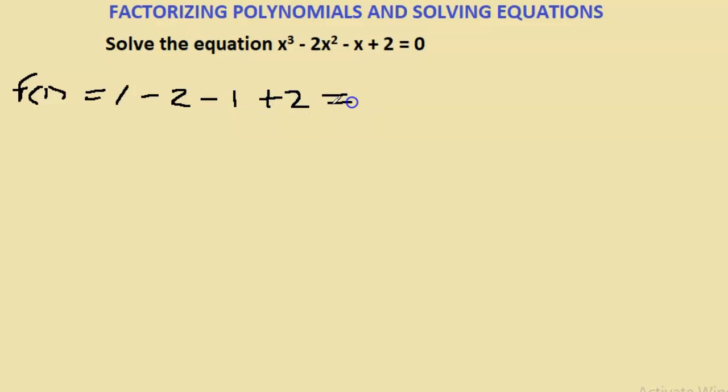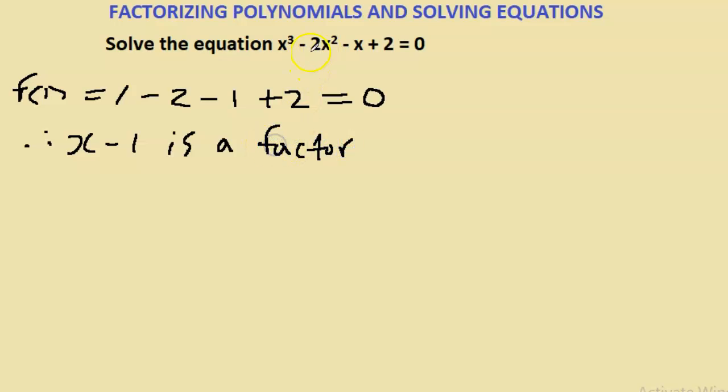What is that equal to now? The 1 and the 2 give us positive 3, and then you have a minus 2, minus 1. So that's 0. Alright? So since x equal 1 works, that means therefore x minus 1 is a factor.